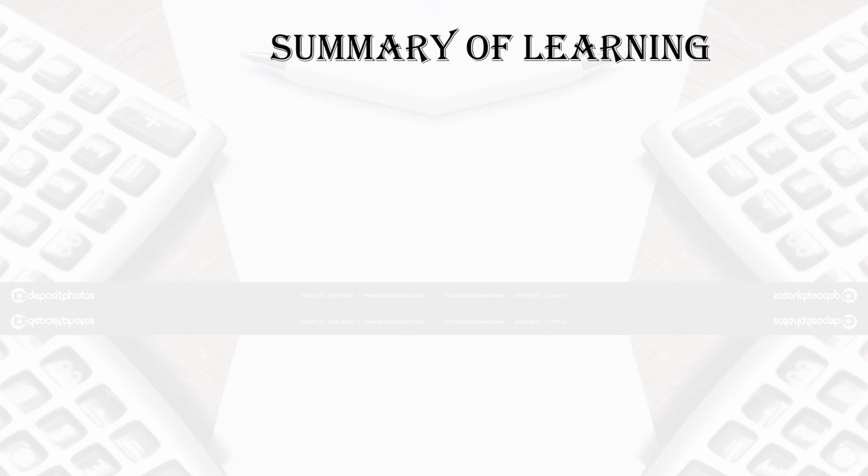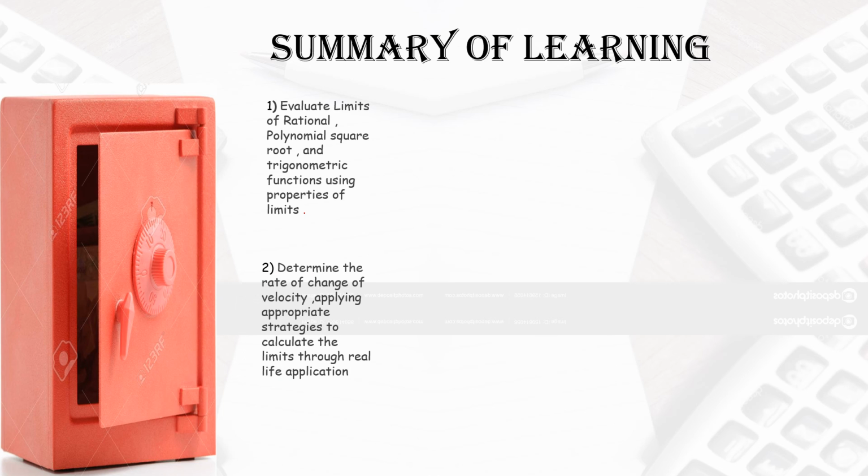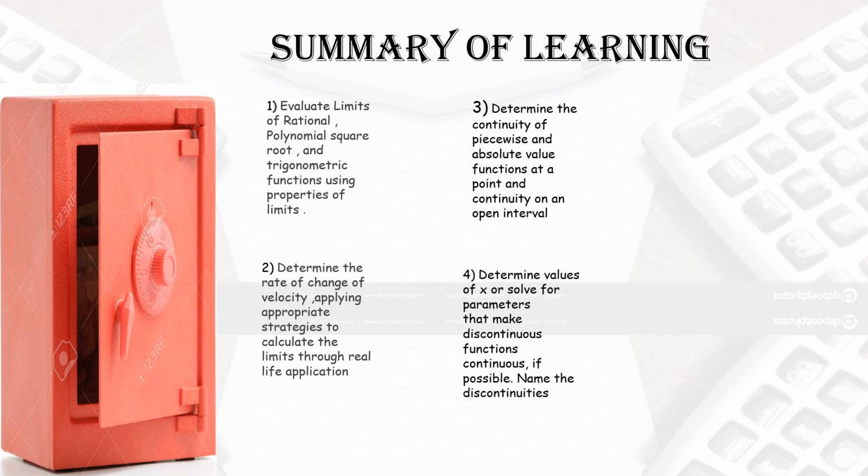Now what we have learned today. So far we know how to evaluate the rational functions, polynomial functions, square root functions, trigonometric functions by using different strategies or the properties of the limits. We understood how to use the limit process combined with real life problems. We understood how to read the limits of the piecewise function or discuss the continuity of the piecewise function.